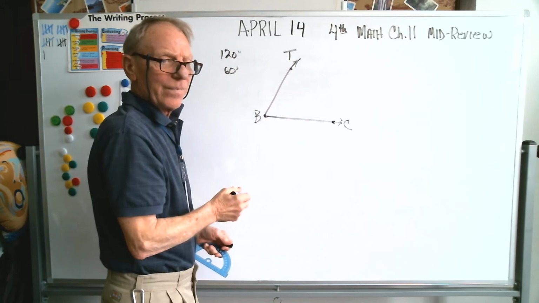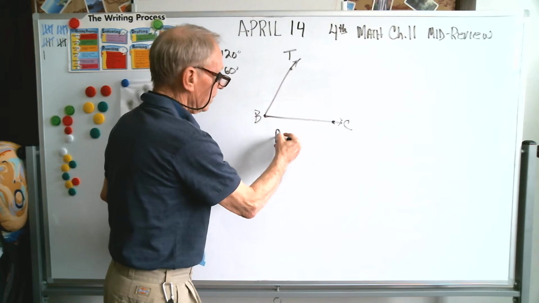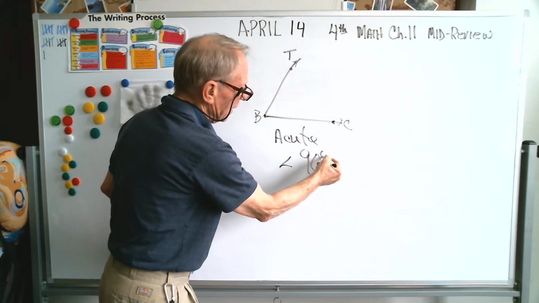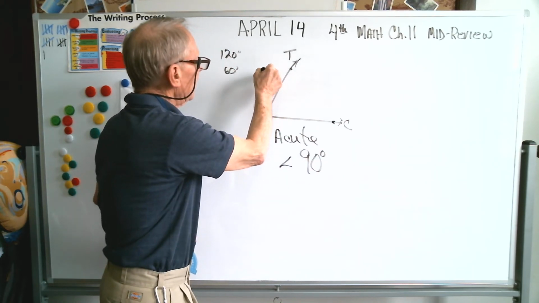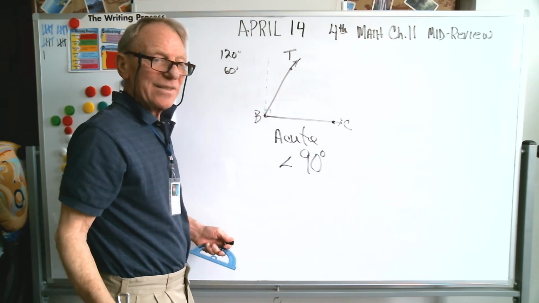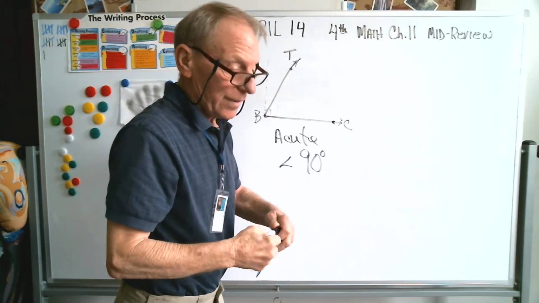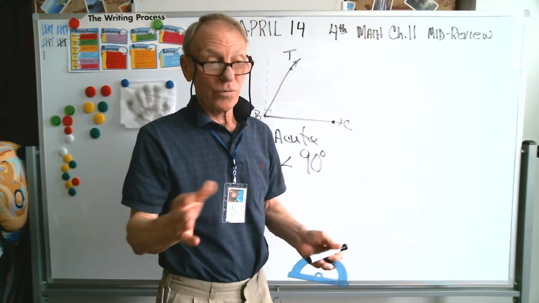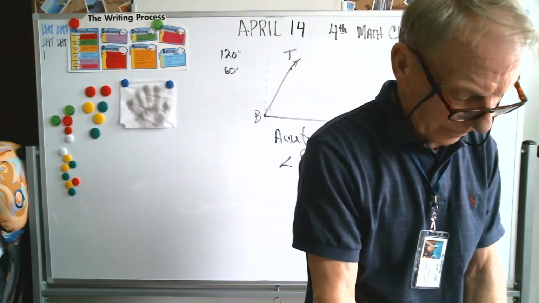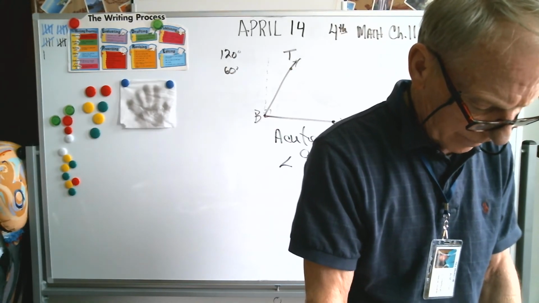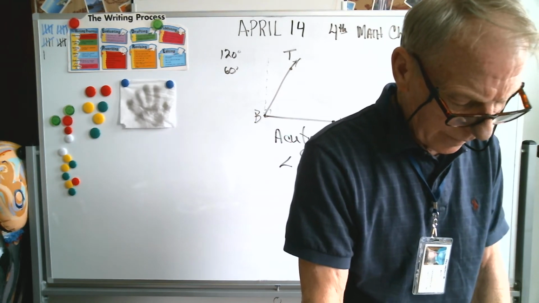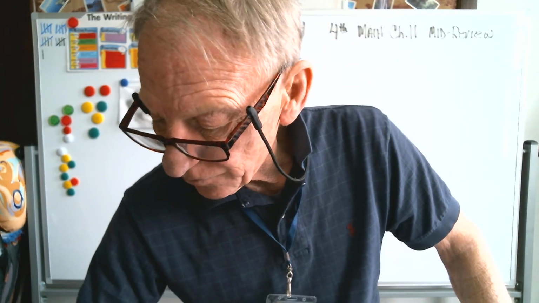Well, you just got to think a bit. This angle is an acute angle. And because it's an acute angle, we know that it's going to be less than 90 degrees. 90 degrees would be like so. So it's less than 90, so obviously the number 120 doesn't work. The number 60 does. Now I'm going to actually check the book here and determine what the angle in the book actually is.